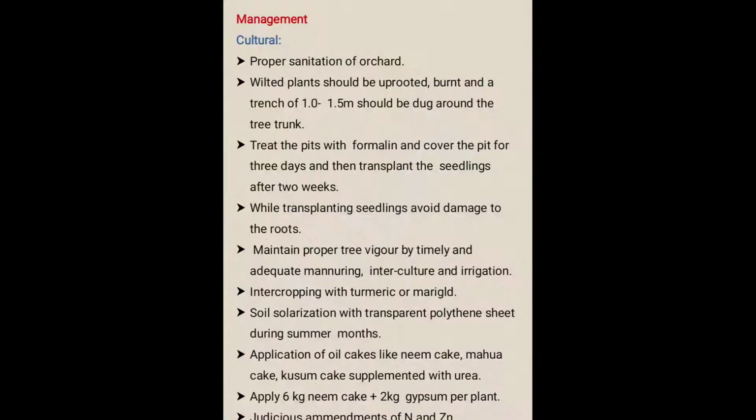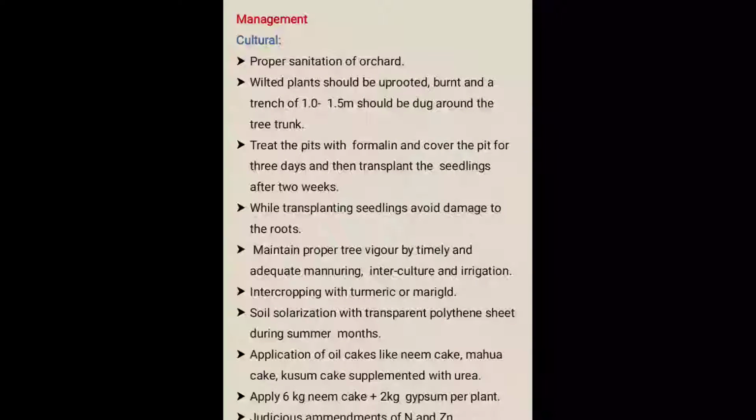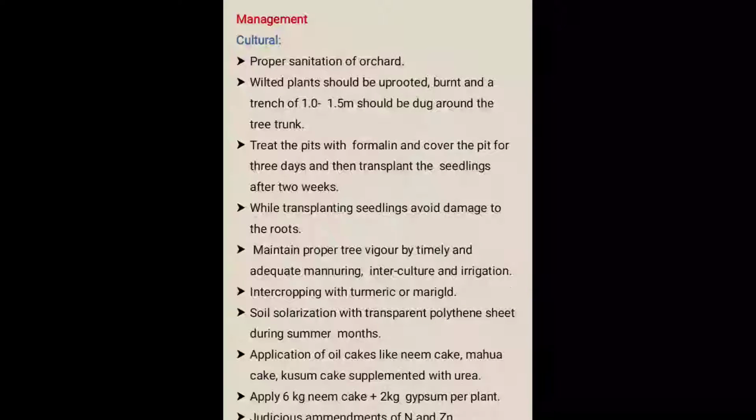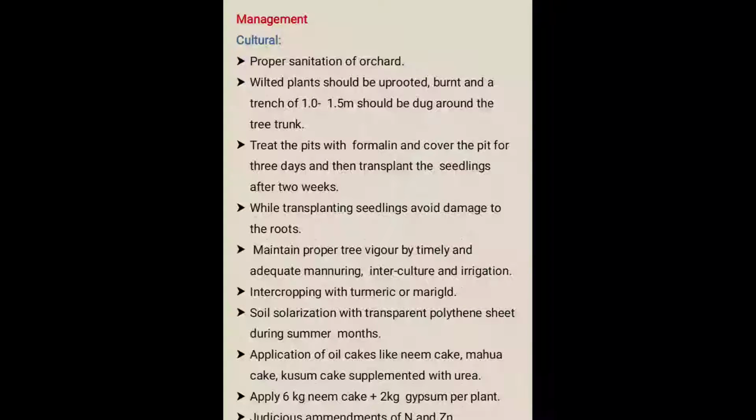So, the last factor, that is the management of wilt disease. As we know, to tackle the problem of plant diseases, we have to adopt different management practices or methods that are called principles of plant disease management.